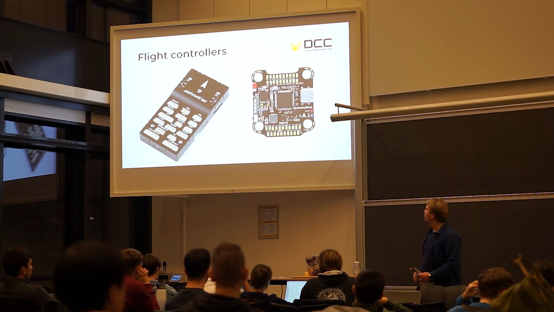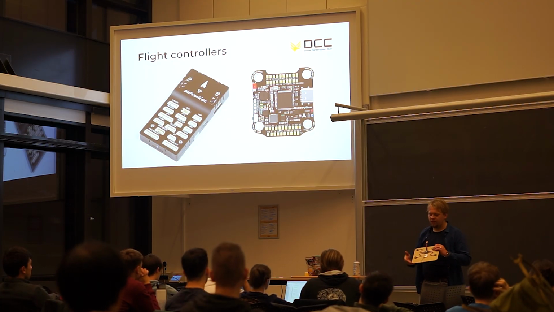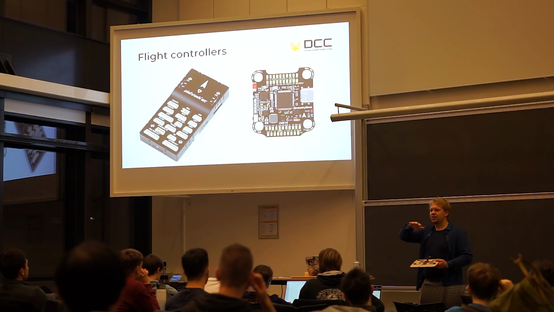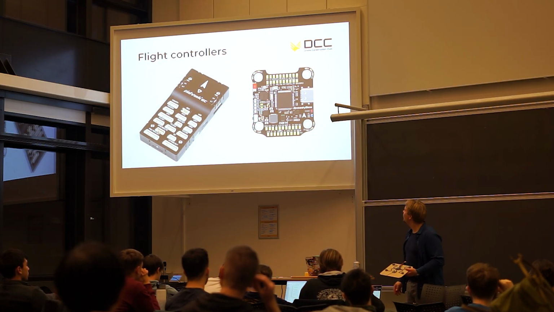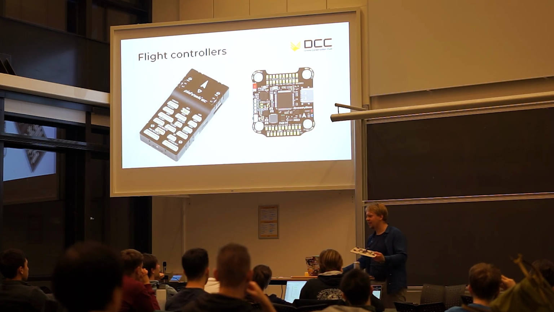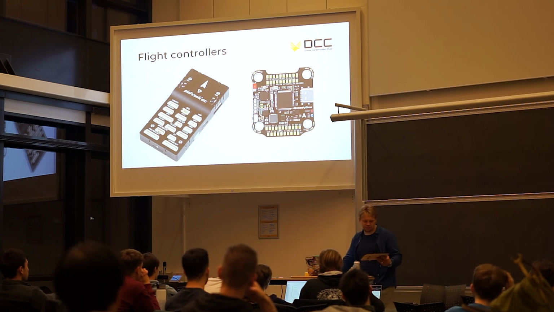The other one will have to be soldered, and it's actually the Speedy BF405. That one is the V4, V3. V5 sucks, don't get it. China ruined them. You have to log in to be able to upload firmware, apparently. I haven't tried it.